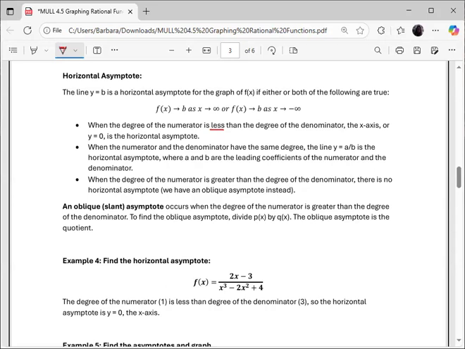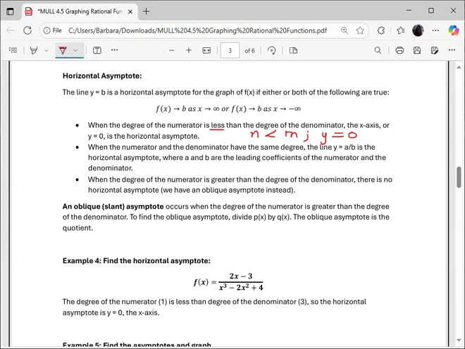A lot of times we say the degree of the numerator may be n, and the degree of the denominator is m. So if n is less than m, then our horizontal asymptote is y equals 0.